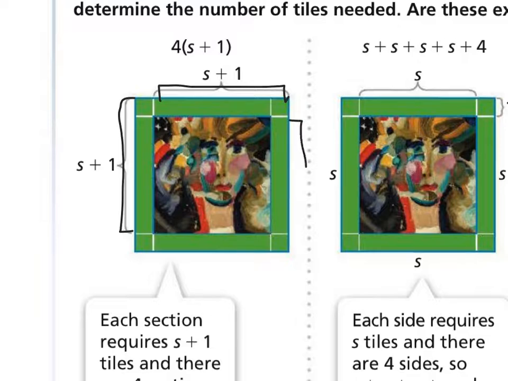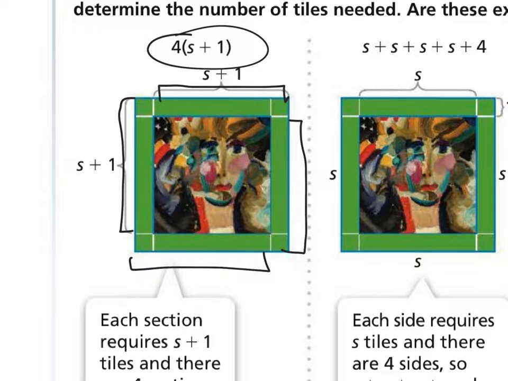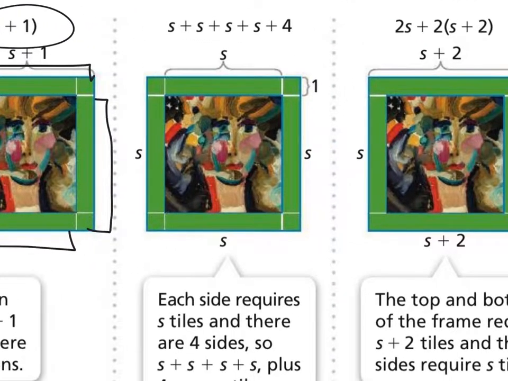And then this would be another S plus 1, and then this would be another S plus 1. So they're saying we need 4 S plus 1 sections, so we could do 4 times the quantity S plus 1. That works.